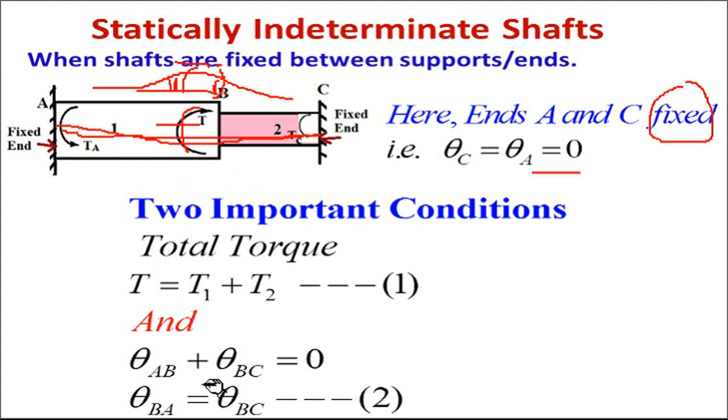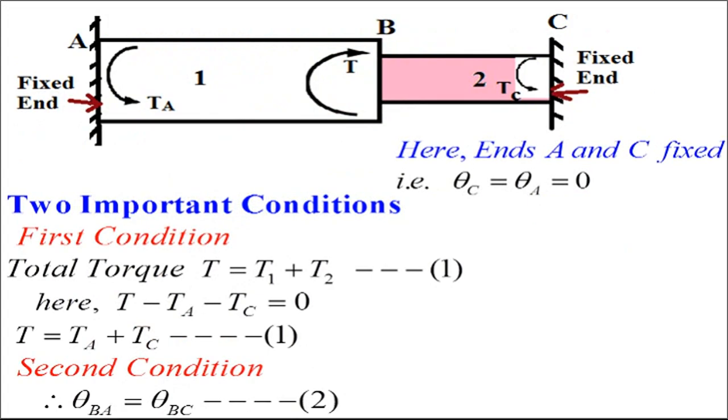When they are the same, then they will be balanced. If theta BA is different and theta BC is different, then it will be unstable. So both should have the same magnitude. So either the addition of these two must be equal to 0, or you can write theta BA equal to theta BC. Okay.